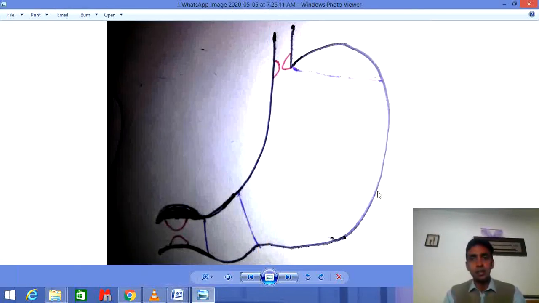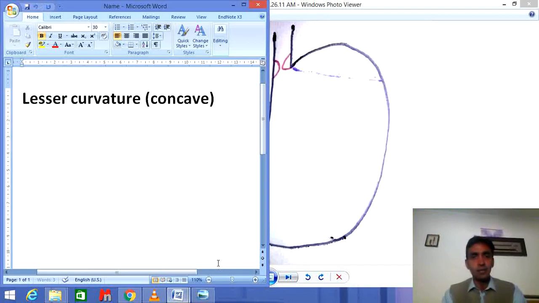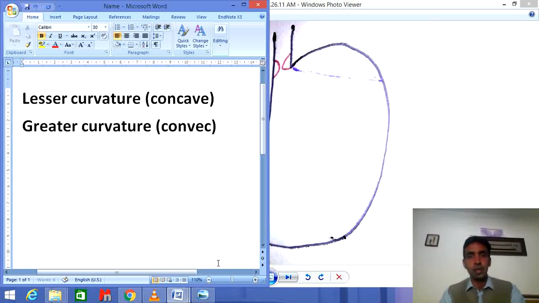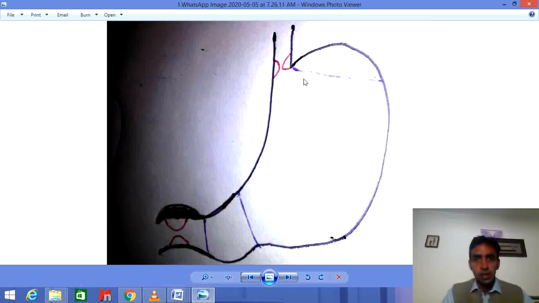This is the greater curvature. You can see the curve is greater. This side of the stomach is called the greater curvature, and it is always convex. Now this region of the stomach, up to this boundary, is called the fundus.